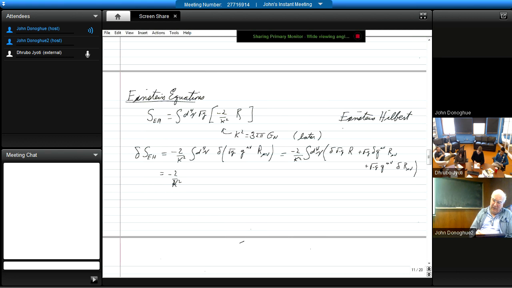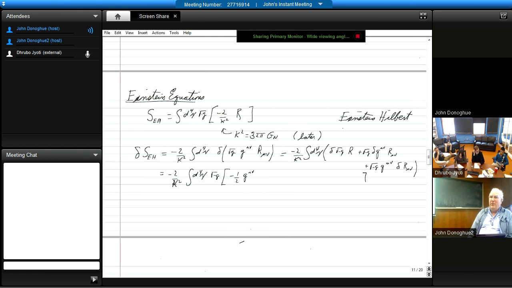The first of these we have sort of done. I can pull out the square root of minus g here. The variation of the square root of the determinant of minus g is something I did before. Hopefully I did it correctly.